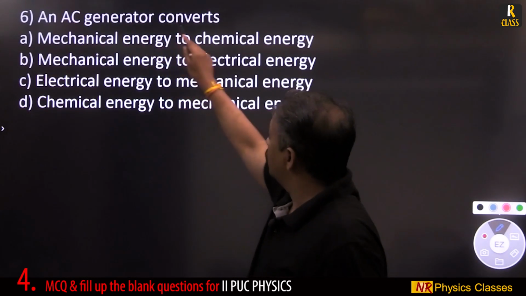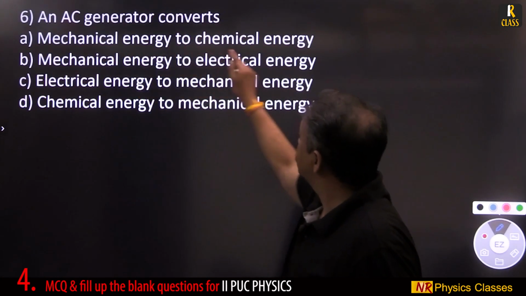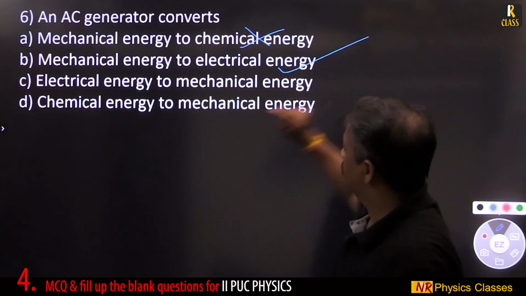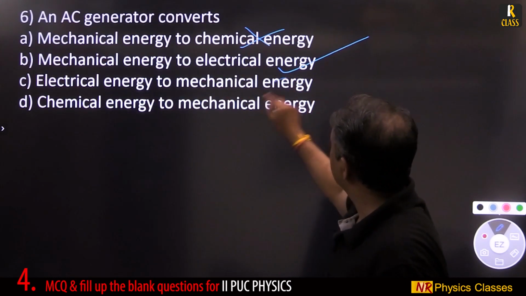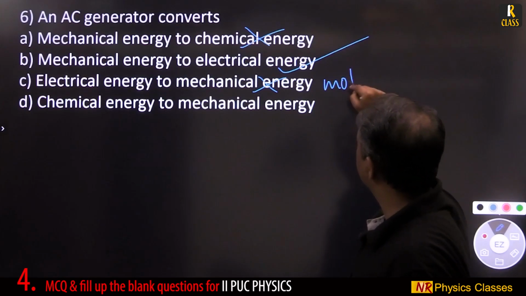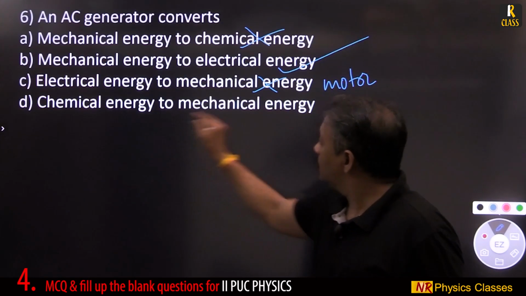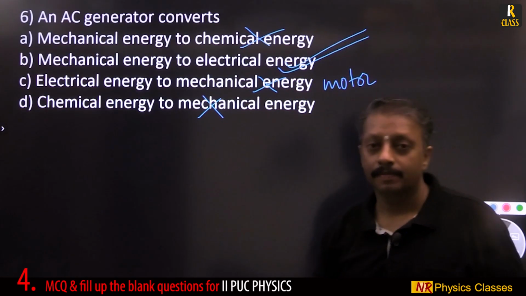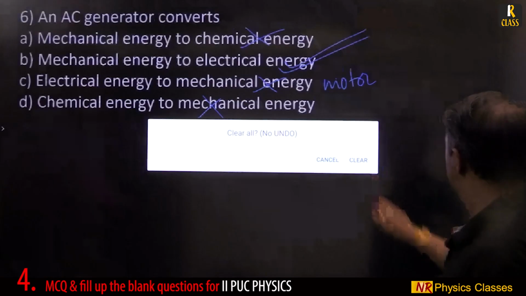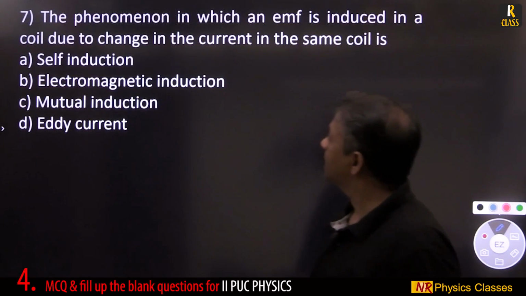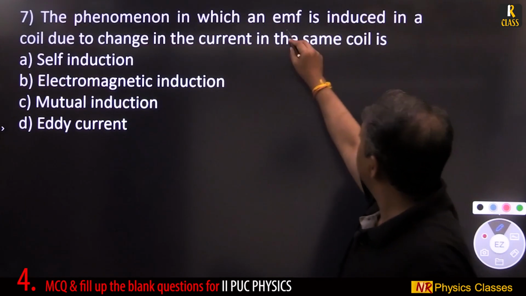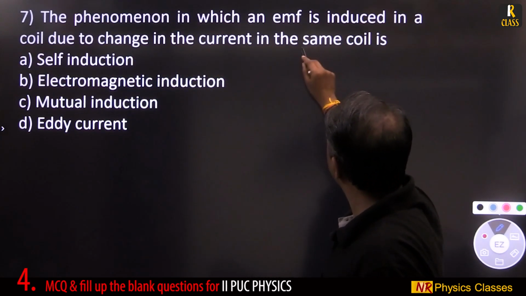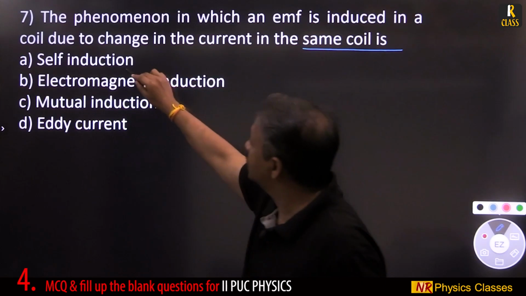An AC generator converts mechanical energy to chemical, mechanical energy to electrical, or electrical to mechanical? Electrical to mechanical is a motor, isn't it? Chemical to mechanical, no. The phenomenon in which an EMF is induced in a coil due to change in current in the same coil is self-induction.